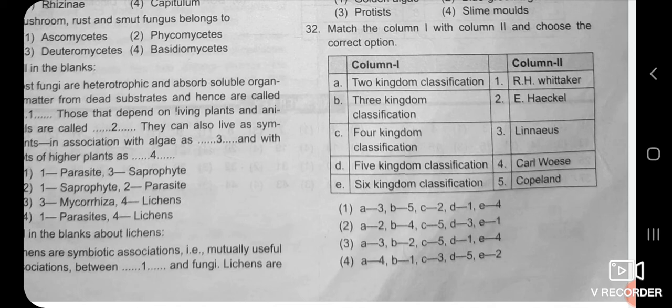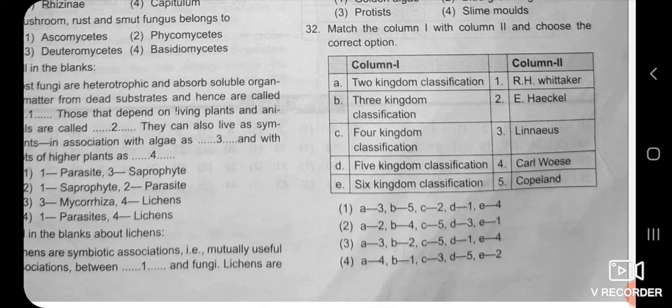See this question carefully, because many students know the 2 kingdom and 5 kingdom systems of classification, but the 3, 4 and 6 kingdom classifications you have to remember from this question. The correct answer is the third one.